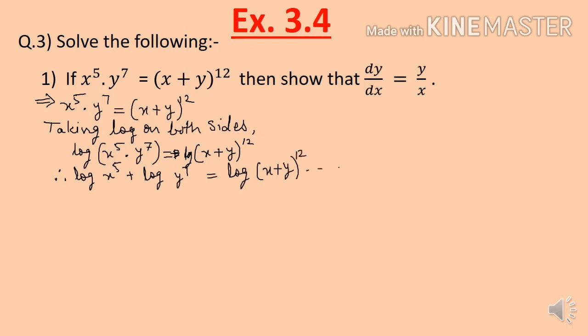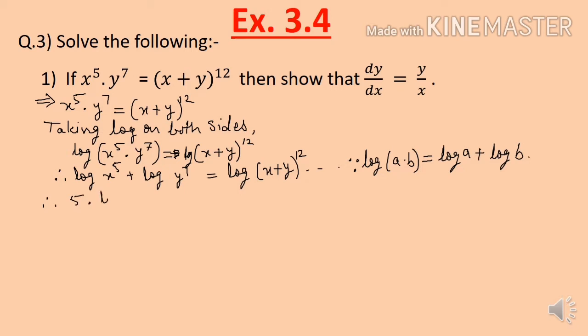You can write here, since log of a into b is equal to log of a plus log b. Right? Now we know that log of x raised to 5 will be 5 into log x, the power will come for multiplication.